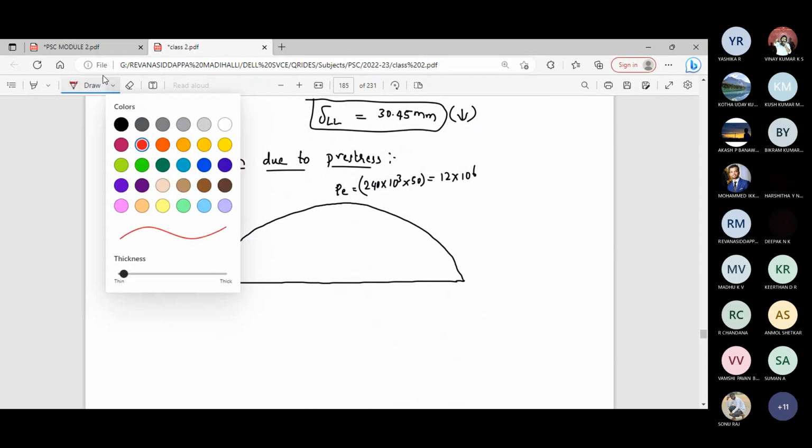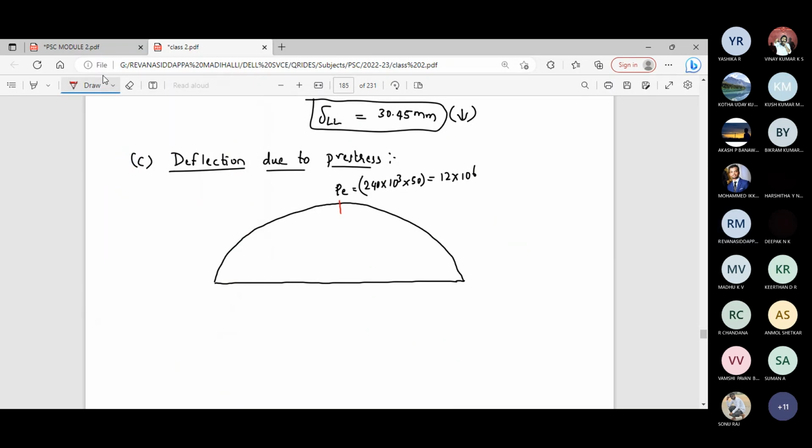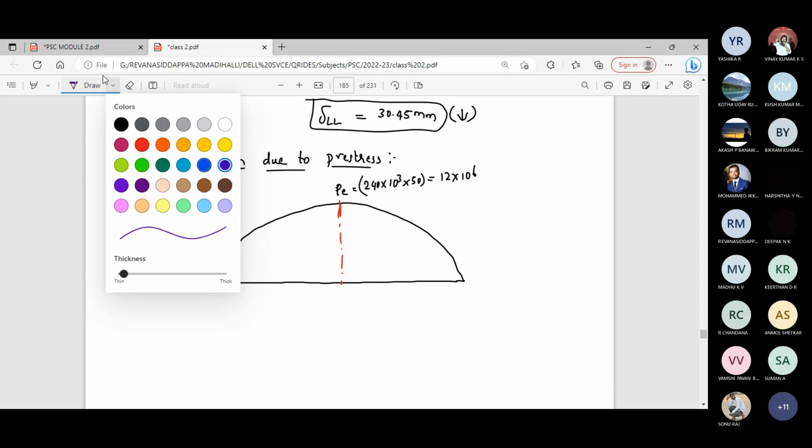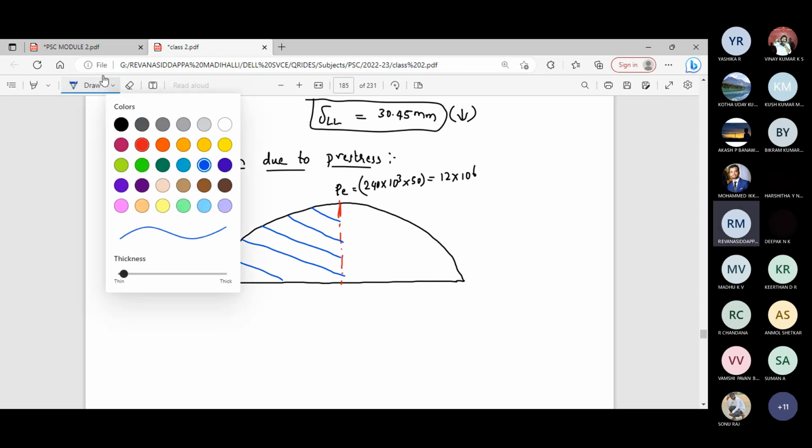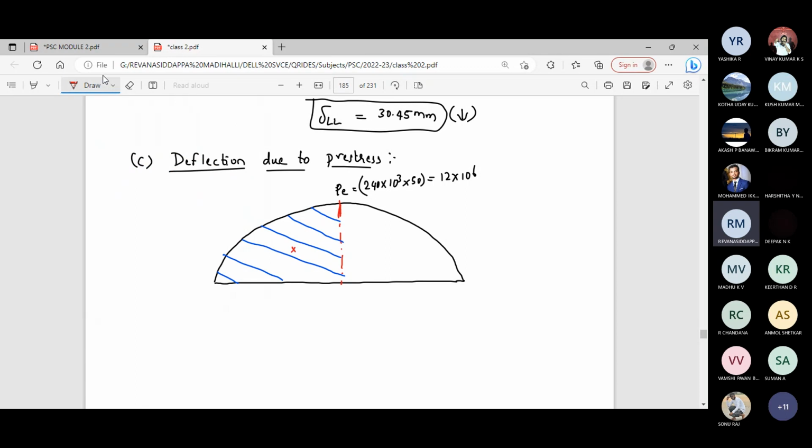And divide the BMD into 2 equal parts and consider the half of the BMD for further calculation. Now let G be the centroid of the parabola figure.